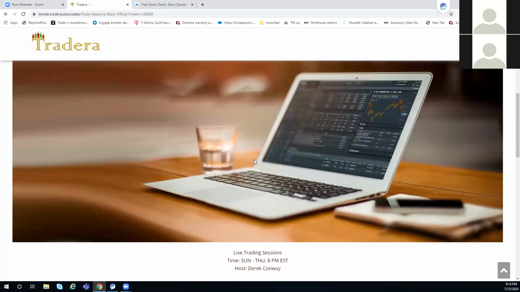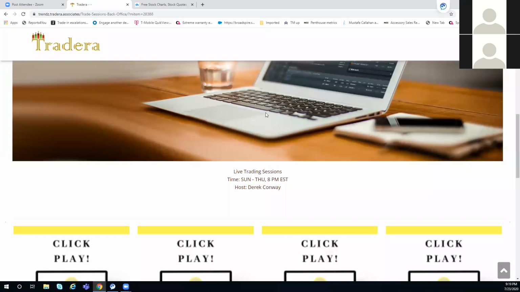So it's important that you catch them live as well, because there is a lag on the recordings coming up because of our transition, where we've brought in over 100,000 new people to the Tradera family, which a few short months ago was only about 40,000. So we've almost tripled our users and clients, which is the reason for the restructure, so we can have the structure and bandwidth for the hundreds of thousands that are about to come, especially when you're getting these sessions for only $100.